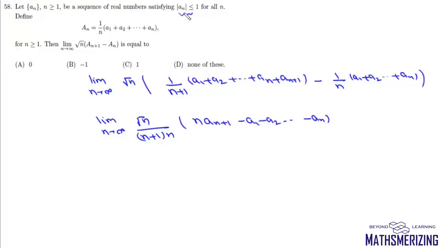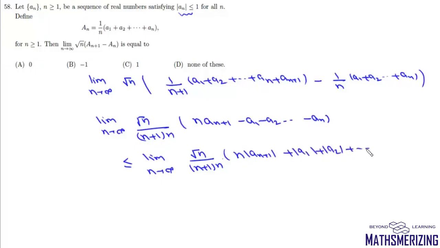Now we know that for any a_n, its modulus is always less than or equal to 1. So we can say this limit is less than or equal to limit n tends to infinity under root n upon n plus 1 into n, and here we can write this as n mod a_{n+1} plus mod a1 plus mod a2 plus mod an.